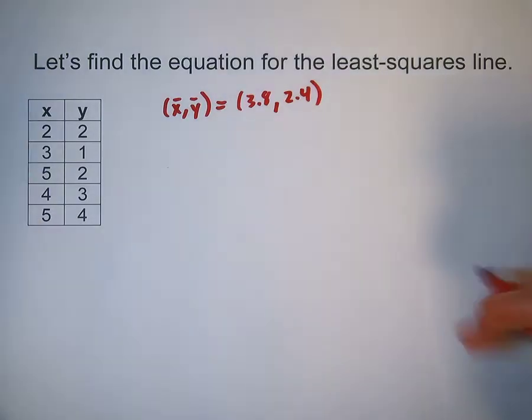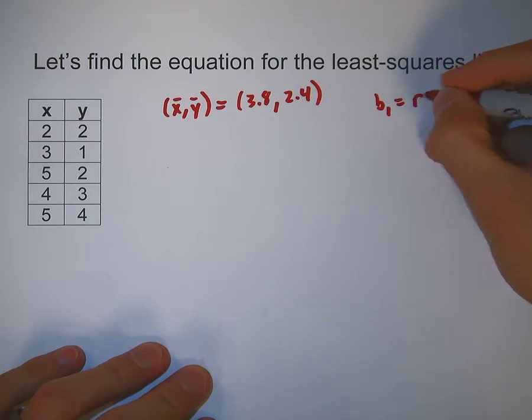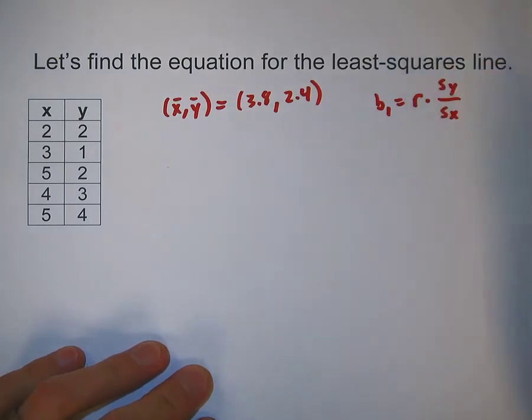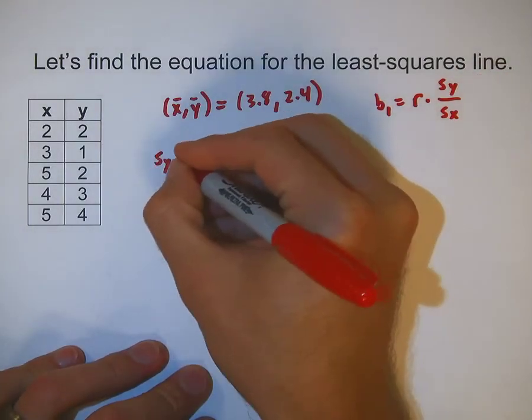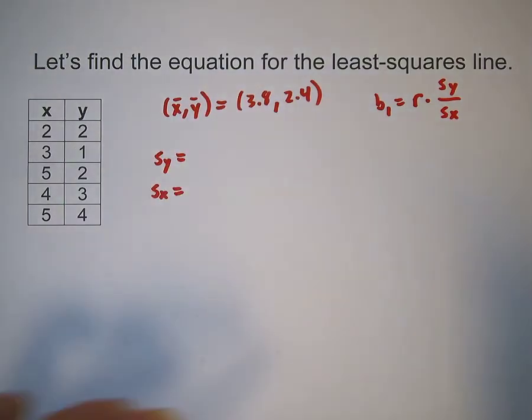Now I also know that b1 is going to equal r times sy over sx. So now I need sy and sx, the standard deviation of the y values and the standard deviation of the x values. These are both sample standard deviations.